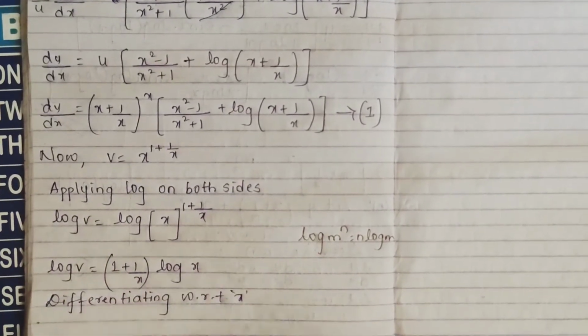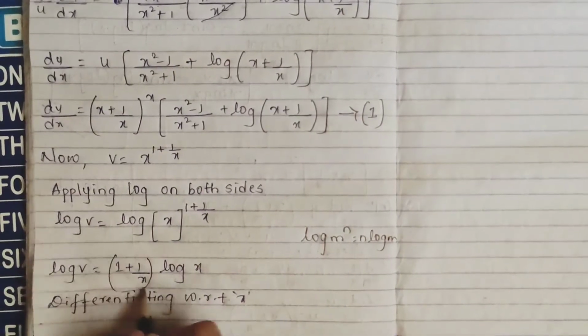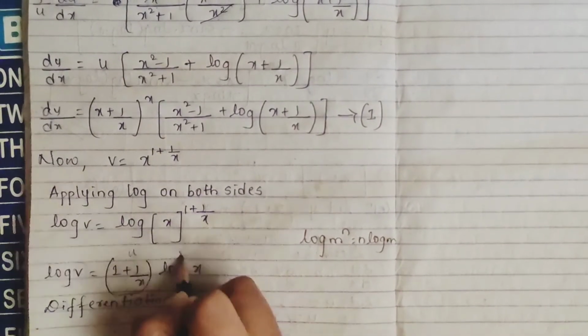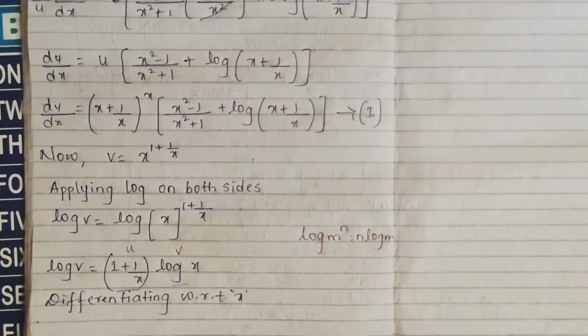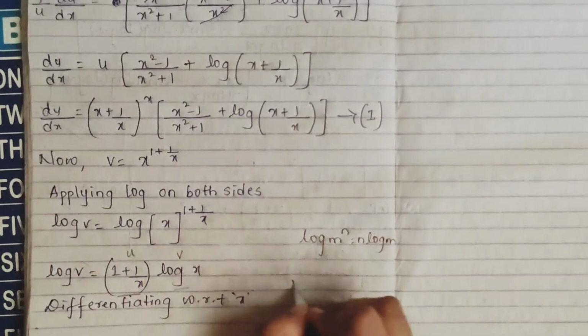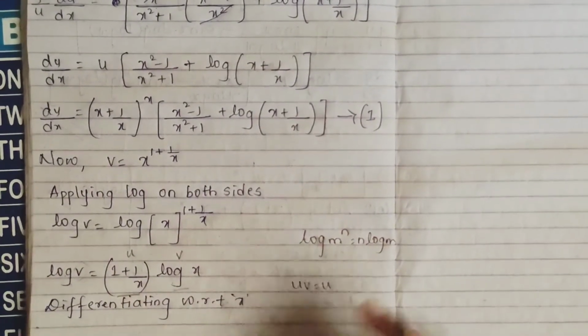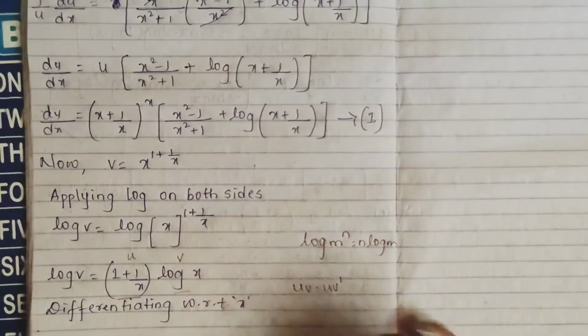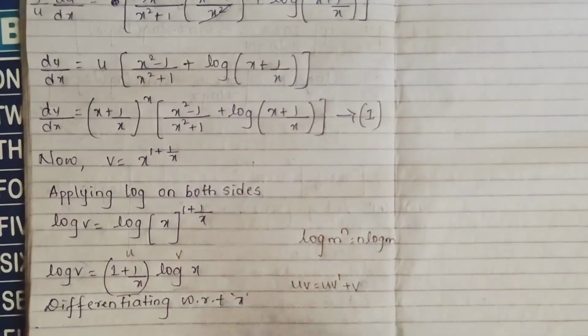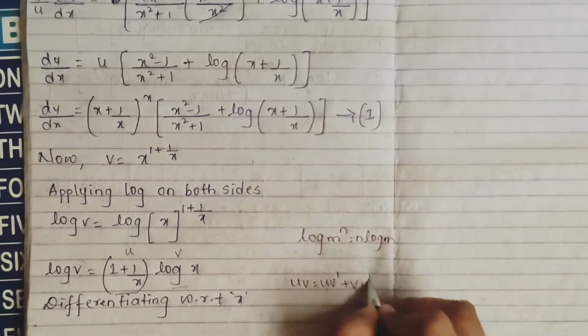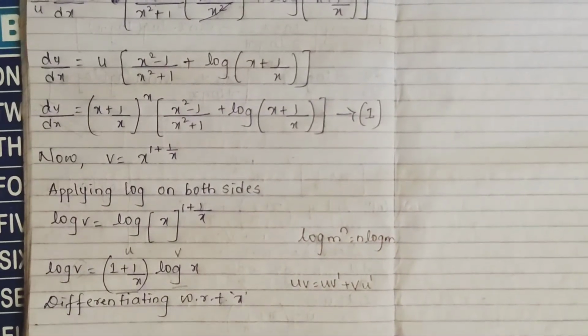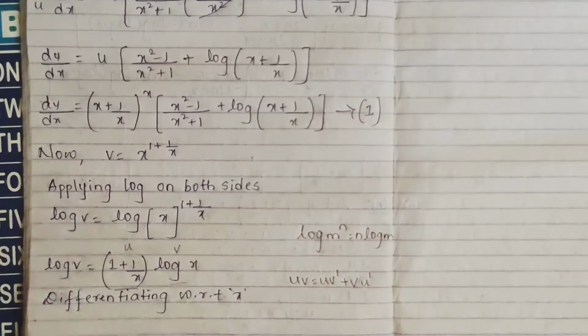And even here you have two functions. So this we will take u, this we will take v, and again apply our product rule. What is our product rule? For uv, keeping your u as it is, differentiating your v, plus keeping your v as it is, differentiating your u. Okay, so let us do that.